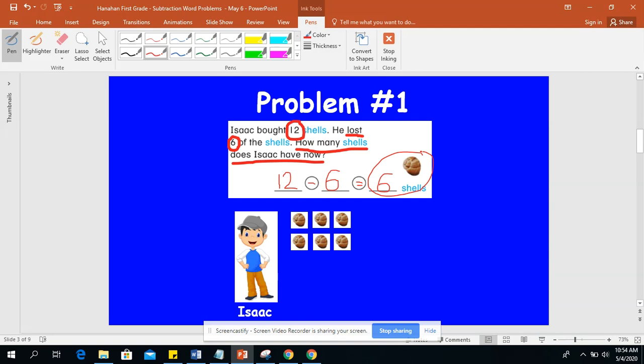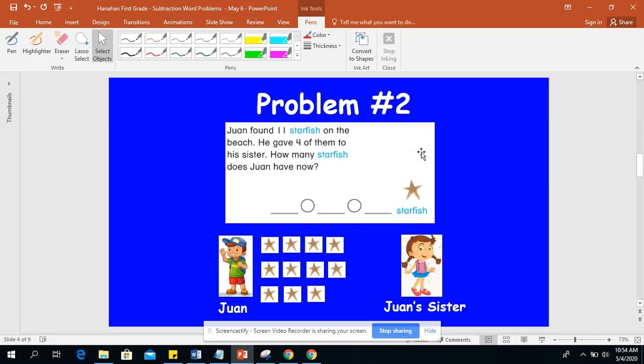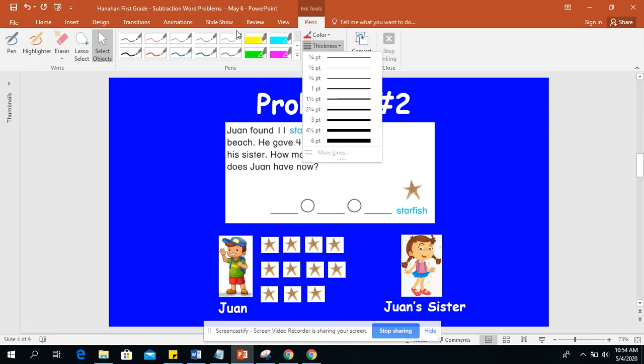All right, good work. Let's go on to problem 2. It says, Juan found 11 starfish on the beach. He gave 4 of them to his sister. How many starfish does Juan have now? Let's underline the question.